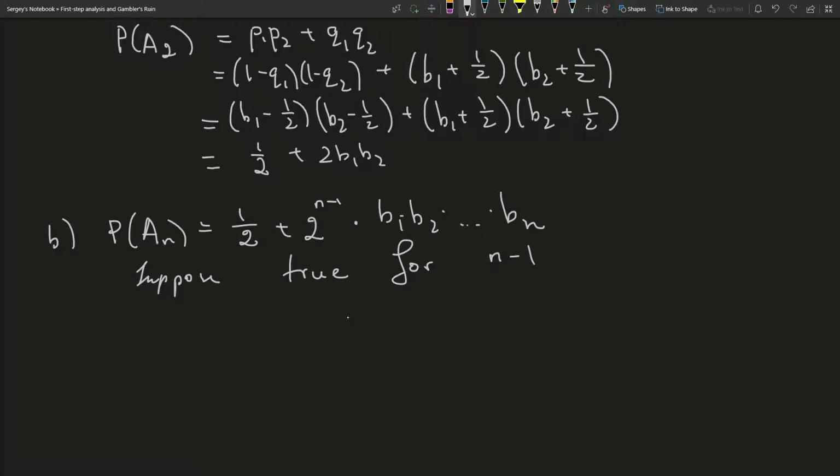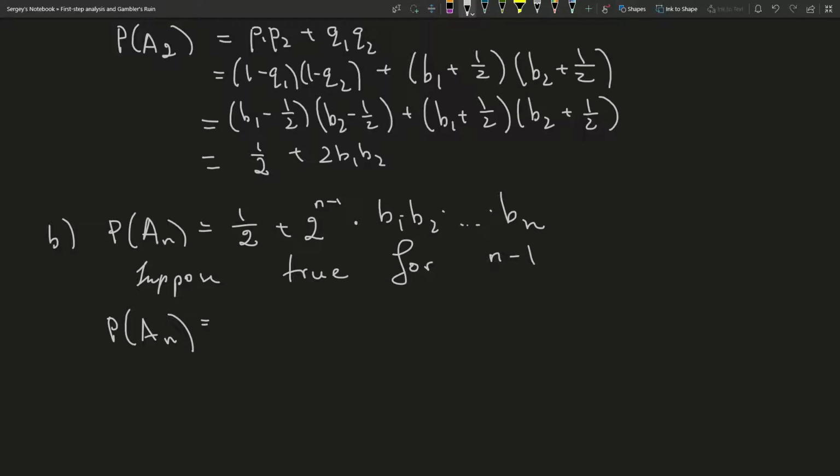Now, the probability of A sub n equals, and again, just as in part A, we're going to reason in the following way. If we're doing n trials, the probability that there are an even number of successes can be broken down into two scenarios.